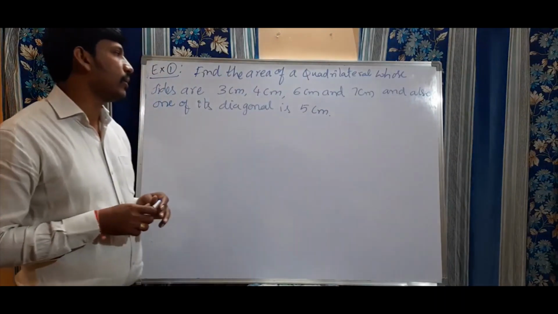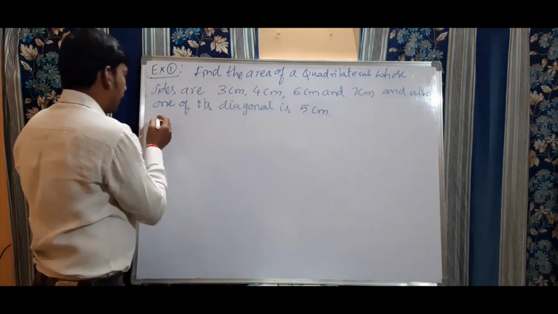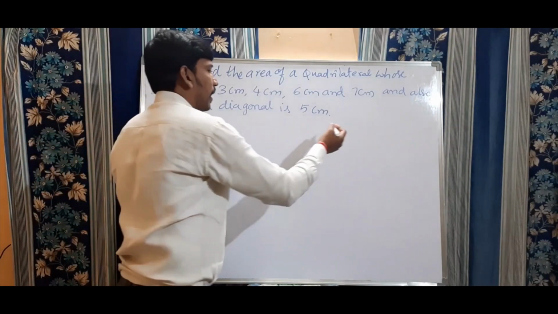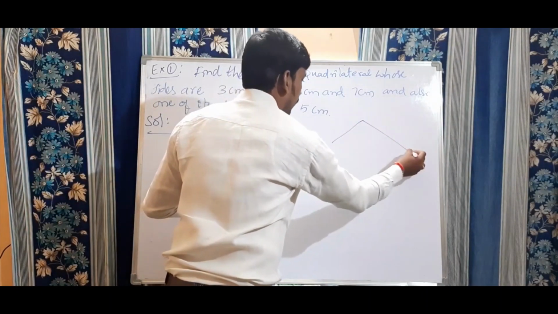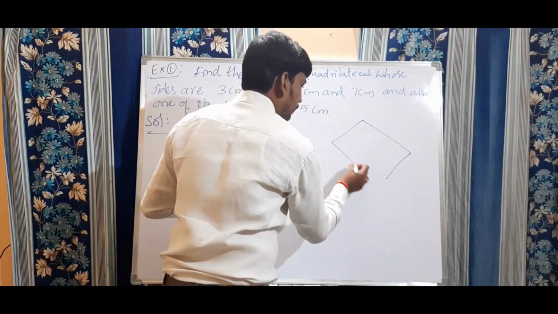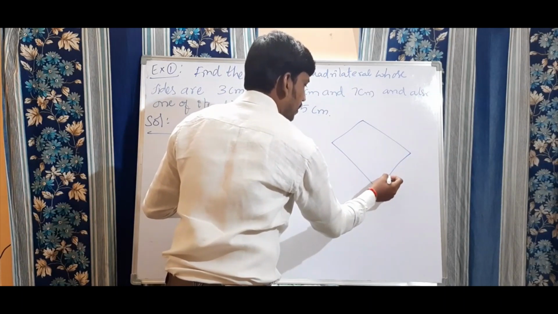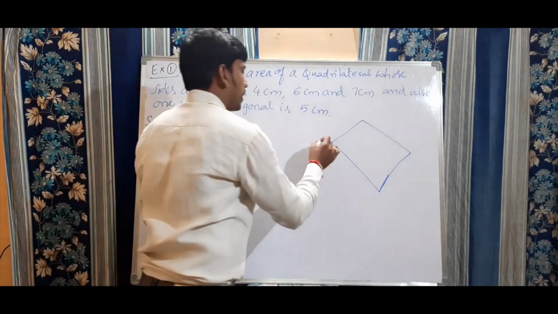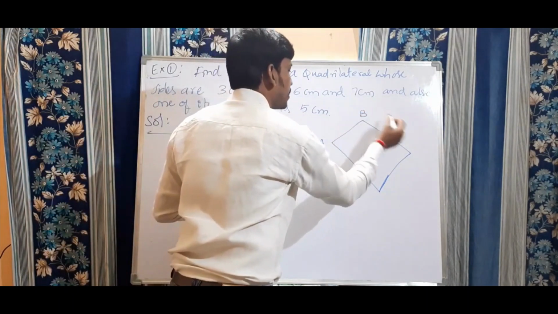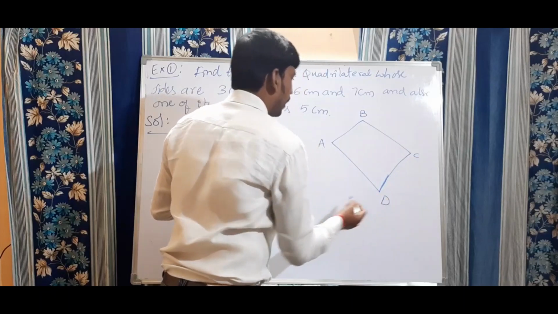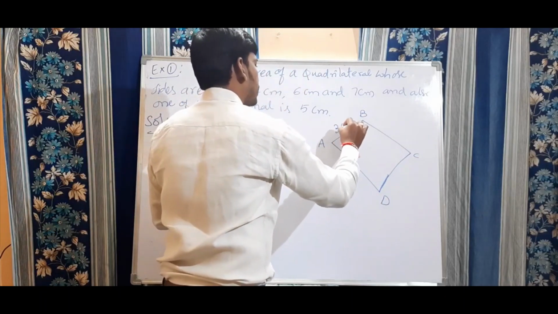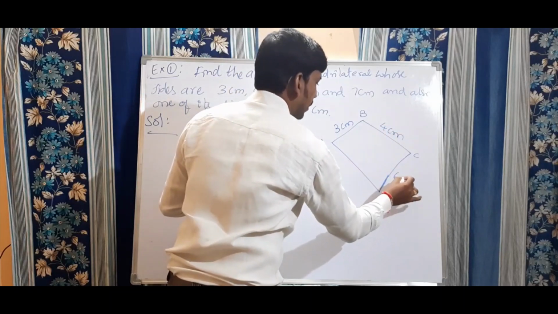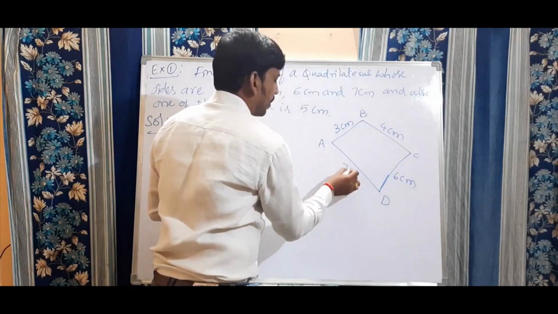But here, in this problem, see this, there is a quadrilateral. This is not a particular shape. It is a quadrilateral. Let us take it as A, B, C, D. Clear? AB is 3 centimeters, this is 4 centimeters, this is 6 centimeters, and this is 7 centimeters.